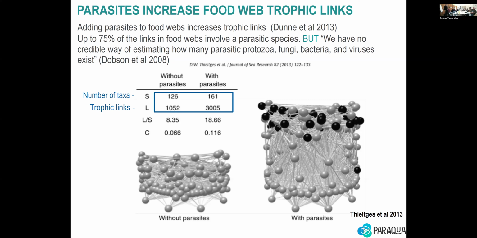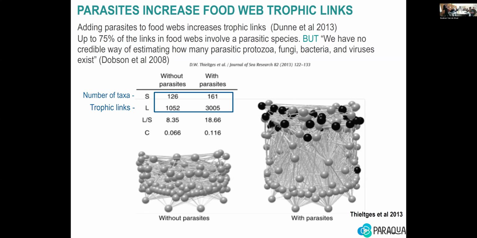Including parasites adds trophic links. Here is another example of a food web: if we take parasites into account, we include species and increase the number of taxa, so of course we increase the number of links, but this is not really a direct relationship.